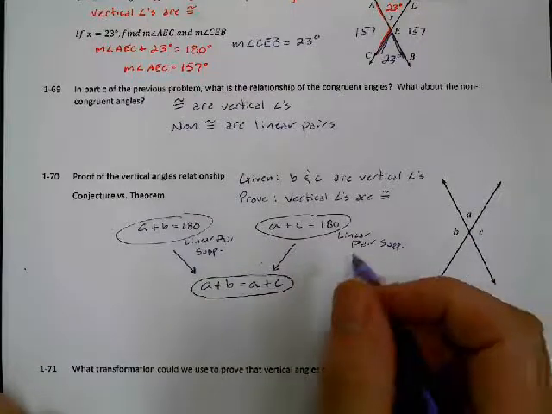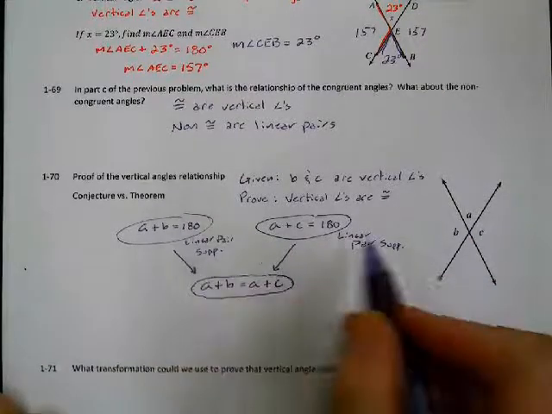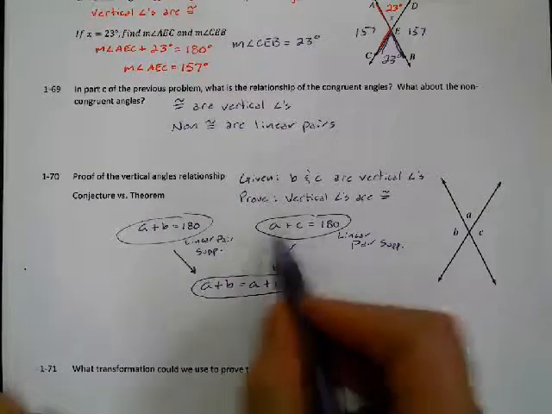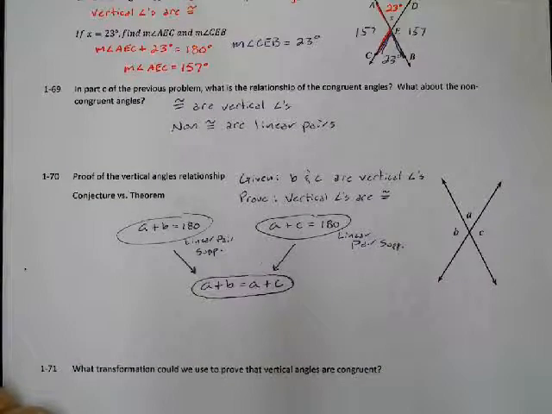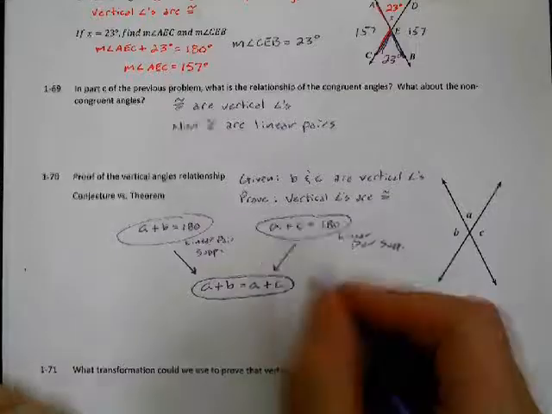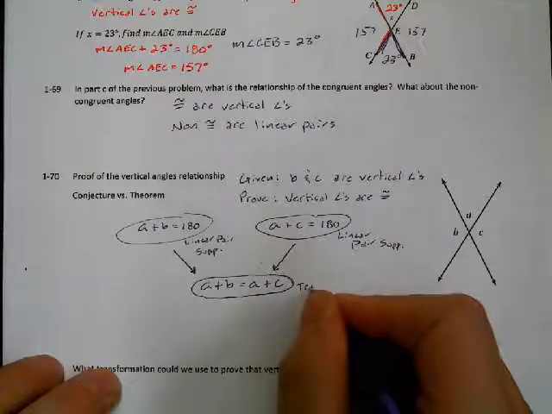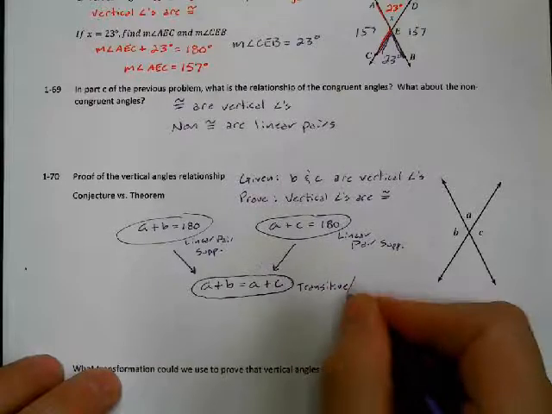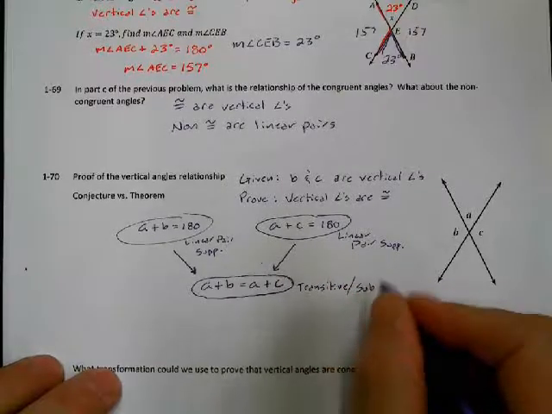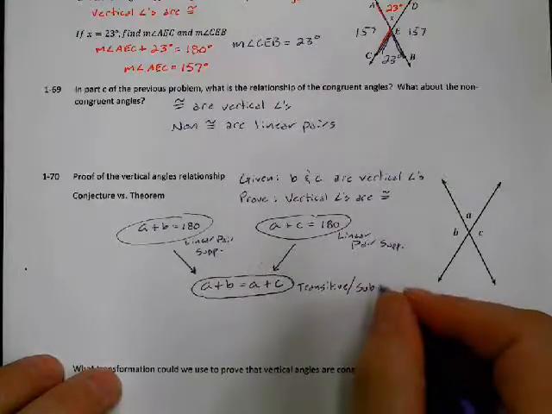We plugged in A plus B, or we plugged in A plus C into this 180, but technically it's called the transitive property. So you might say transitive if you've heard of that before, or you might just call that the substitution property. Transitive is just a type of substitution.